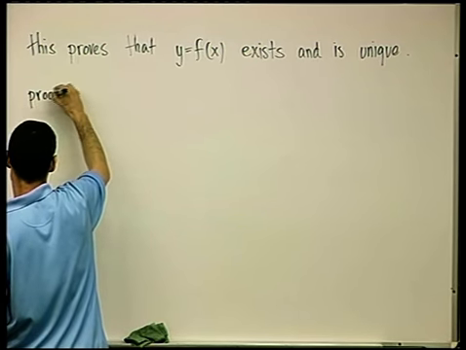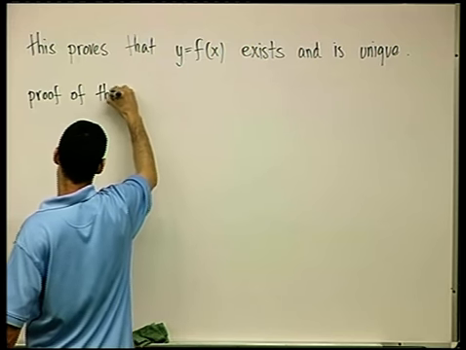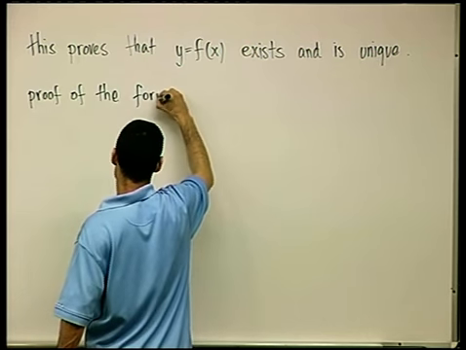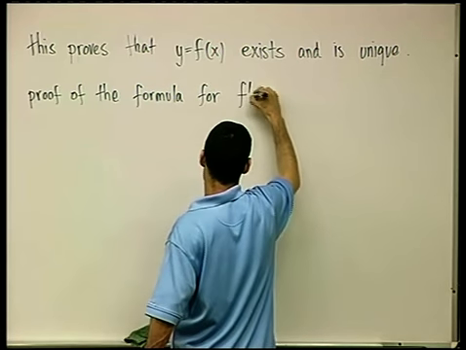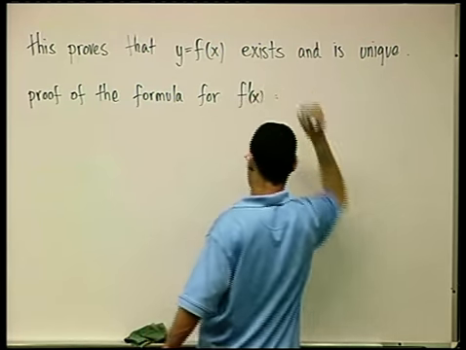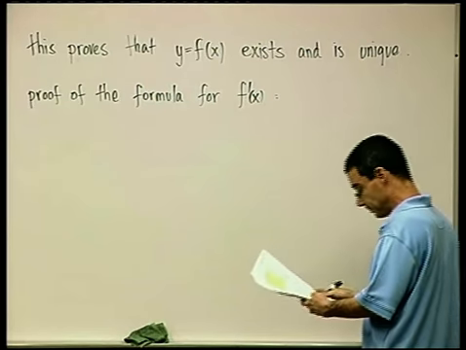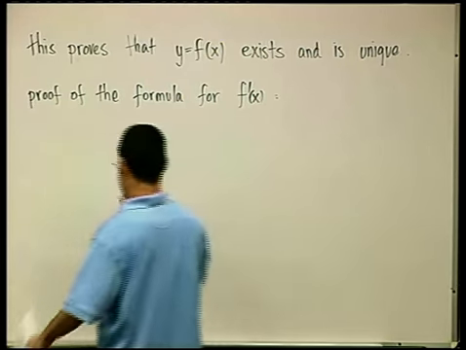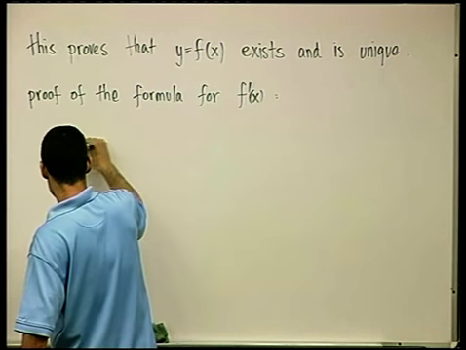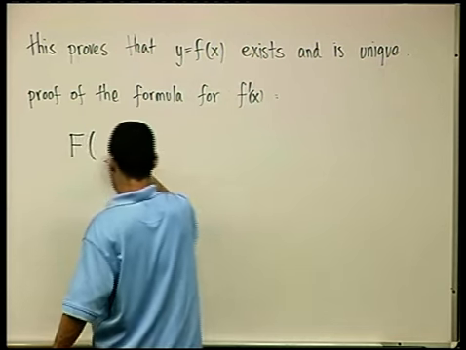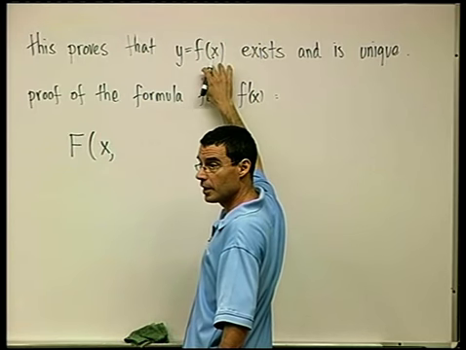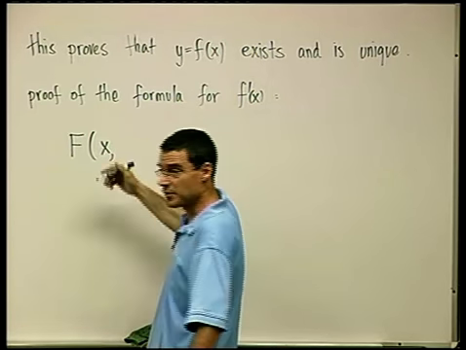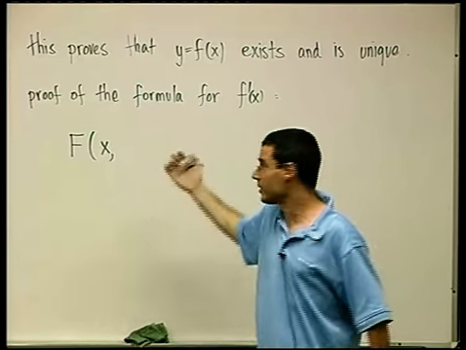Proof of the formula for f prime of x. So we know already, because we just proved it, that we can write y as a function of x. And it would satisfy that f of x, f(x) equals 0.